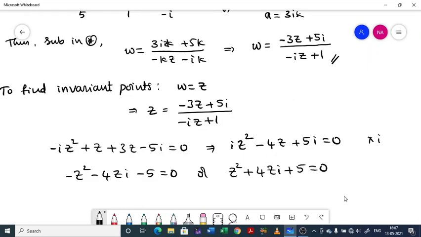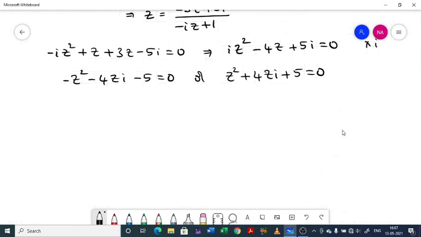So applying the formula for the roots of a quadratic equation, that is Sridhar's formula, and simplifying, you can check that z will be (minus 4i plus or minus 6i) divided by 2. So that is i comma minus 5i. These are the required invariant points.